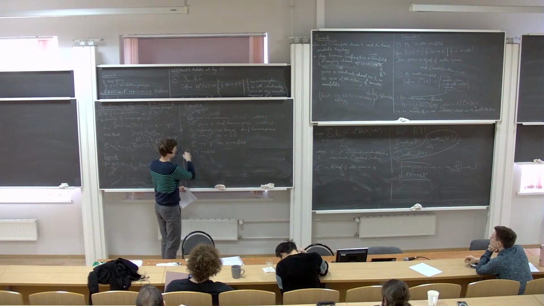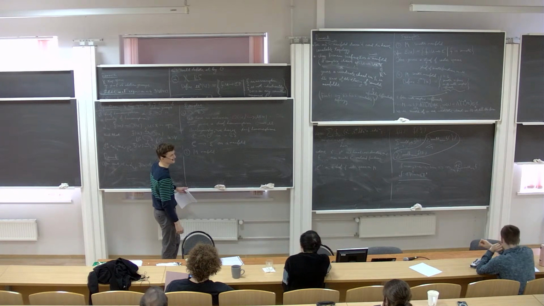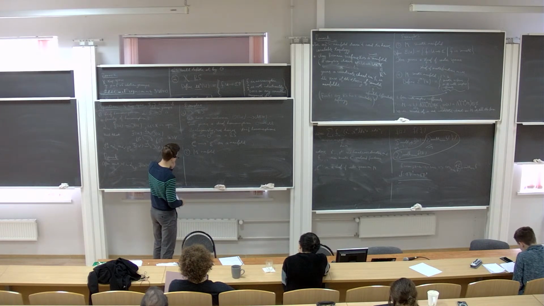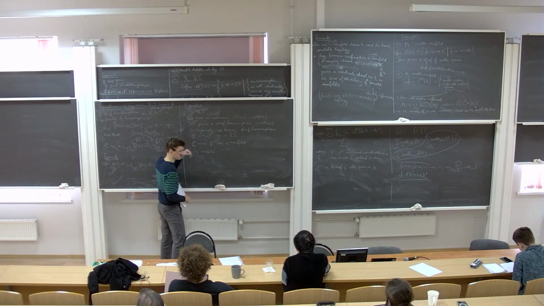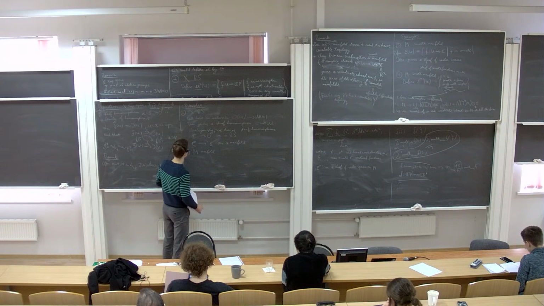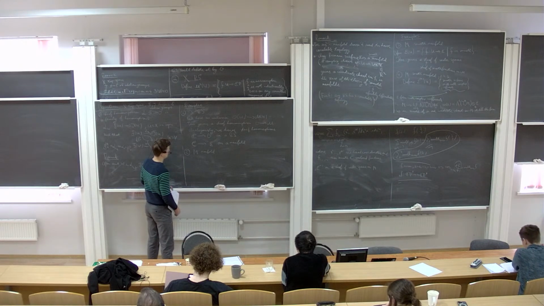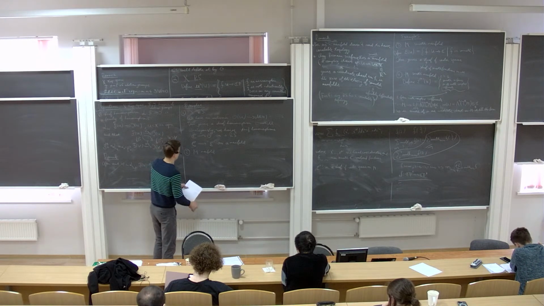This is locally constant functions with values in C. As I told you, this is often denoted just by the symbol of the group. Manifold.